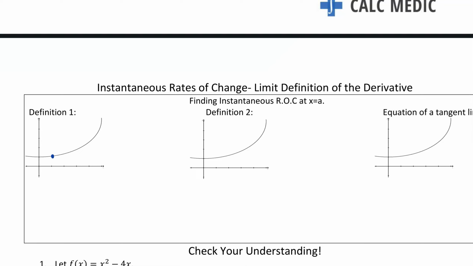And let's call this A. And then it'll be the function evaluated at A. And let's call this point A plus H. And then it'll be the function evaluated at A plus H. So this distance here that I've created is going to be H units. I don't know exactly what it is, but it's H units.